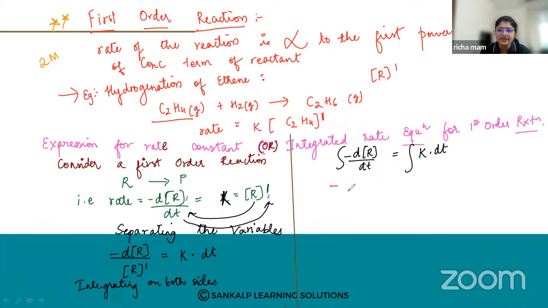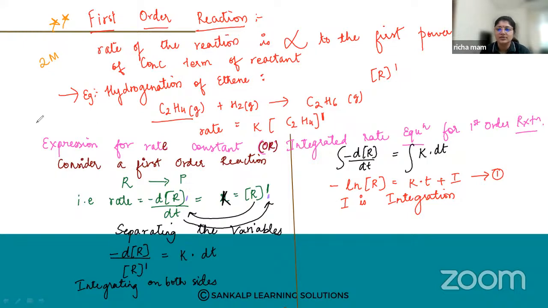Minus ln of [R] is equal to k into t plus I. This is equation 1. Minus d[R] by [R] integrates to ln of the concentration of R. Now what is I? I is the integration constant, the constant of integration.